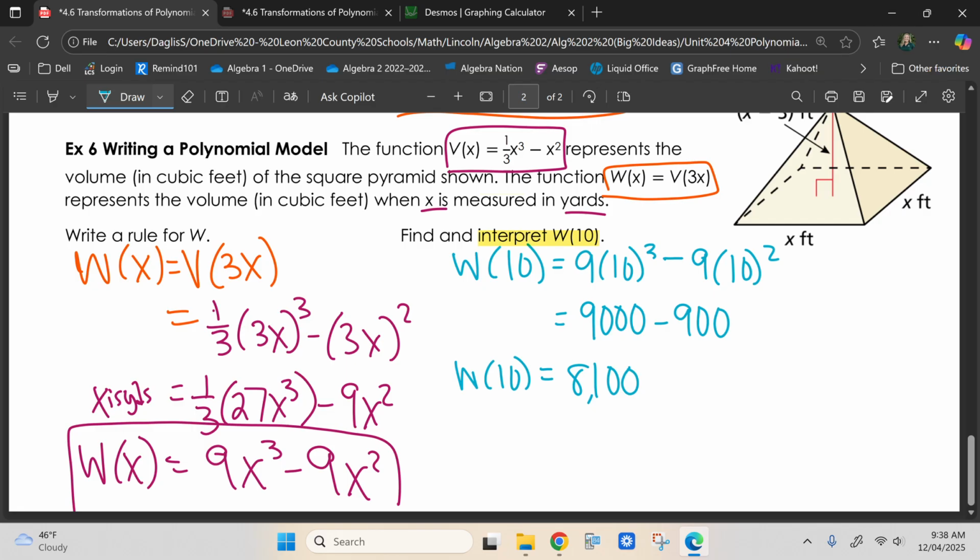I'm plugging 10 into my w function. So my x is now 10, and I only plug it into w when x is measured in yards. So because I put 10 into w, okay, I'm gonna type it so it looks better.